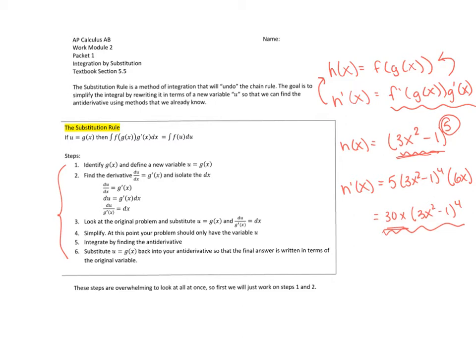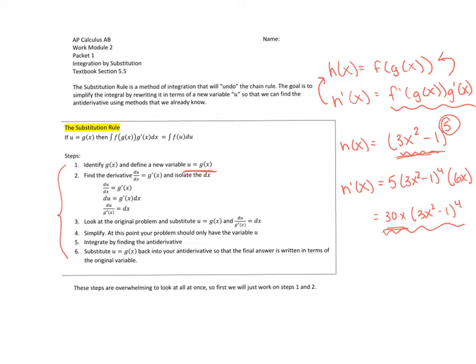But if we can rewrite it in terms of a simpler equation, and for that we traditionally use the variable u, I'm not really sure why, but traditionally we just use u. That new equation is going to be simpler than the original equation, and we will be able to find its antiderivative. So these steps here are ways of doing that.